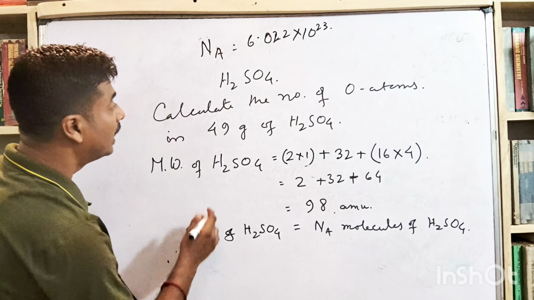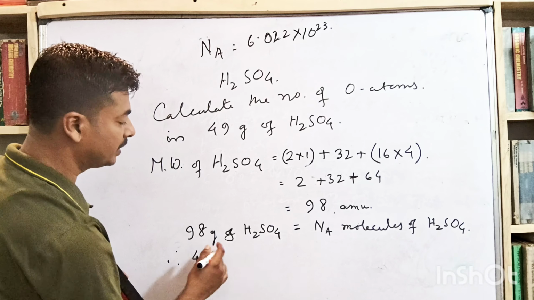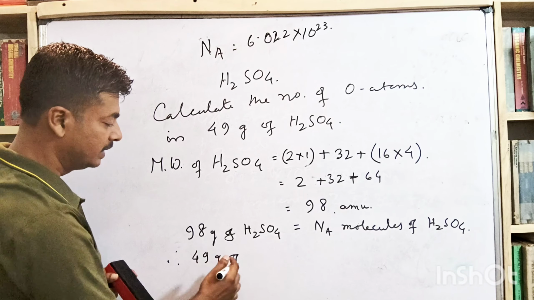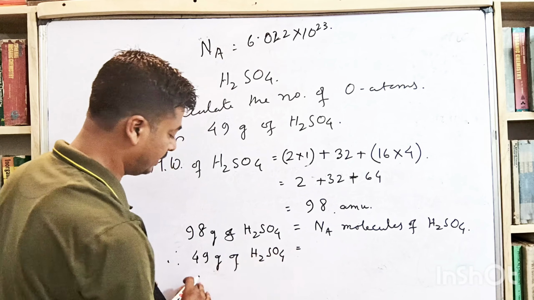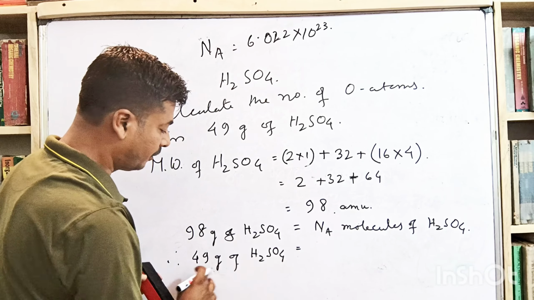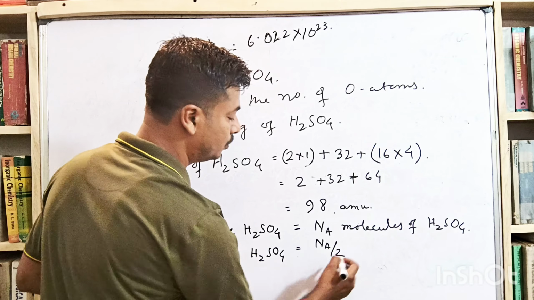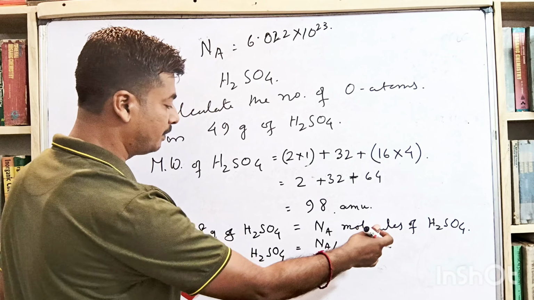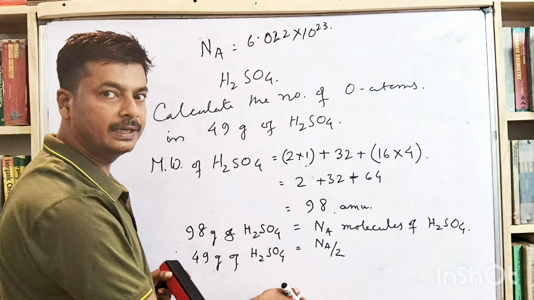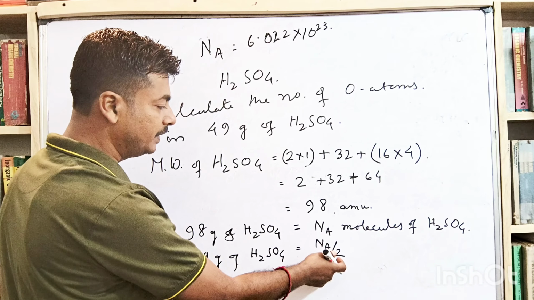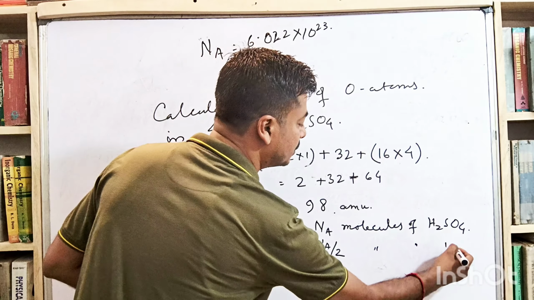So our question is 49 gram. By applying the unitary method, I'm just skipping one step, directly writing the final line. 49 gram of H2SO4 is equal to Na multiplied by 49 divided by 98. So 49 and 98 will cancel each other, leaving 2 in the denominator: Na by 2 molecules of H2SO4.